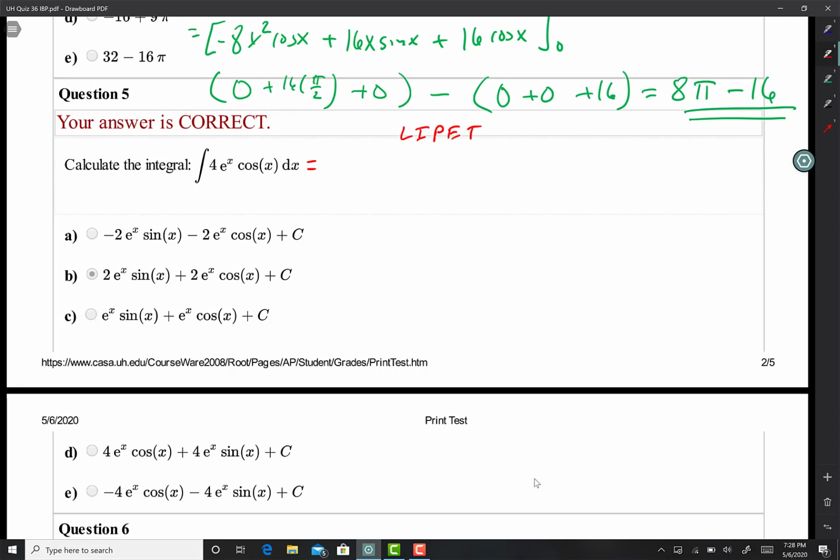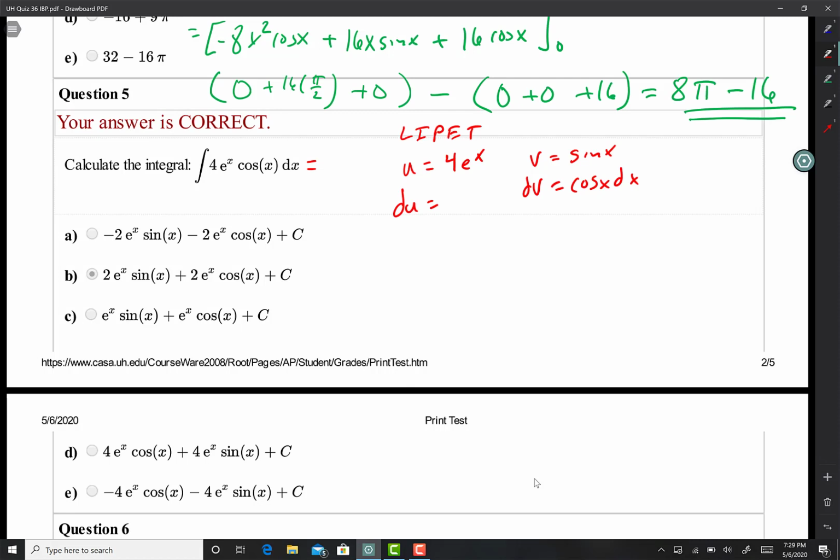All right, so here we go. u equals 4e to the x. So u, du, v, dv, and then the dv has to equal cosine x dx.